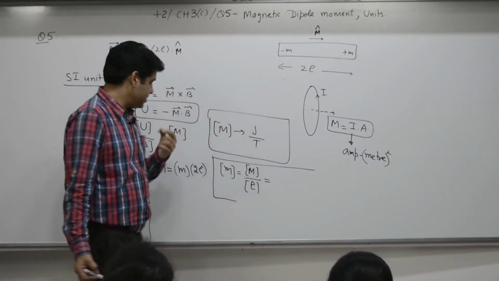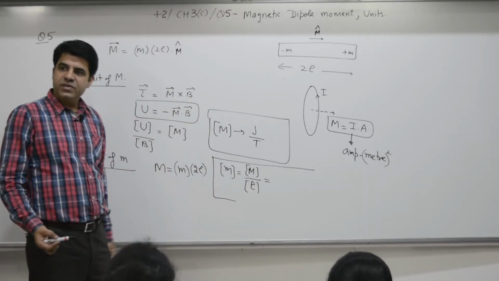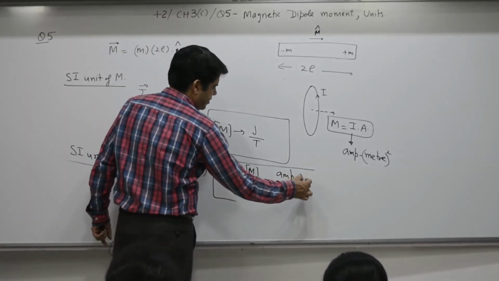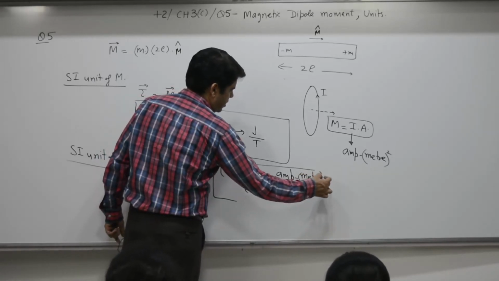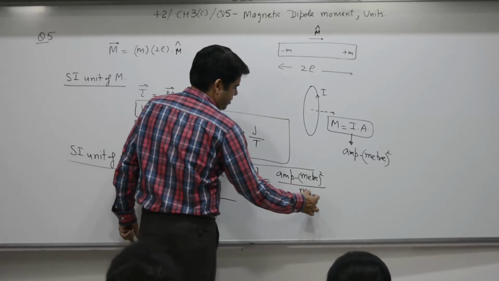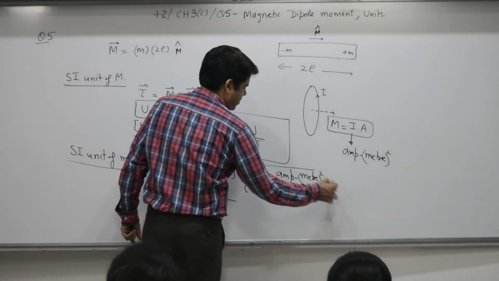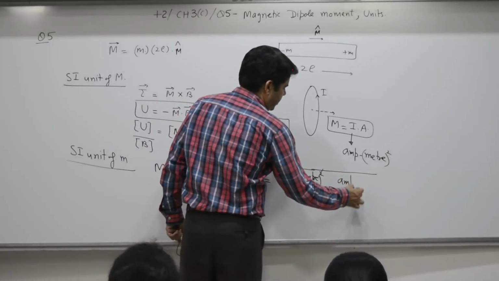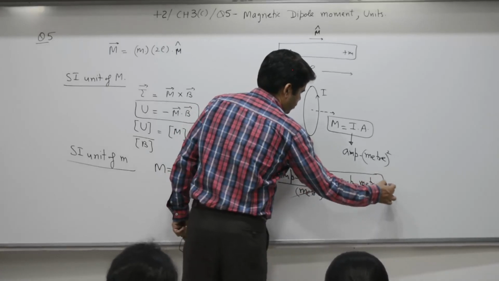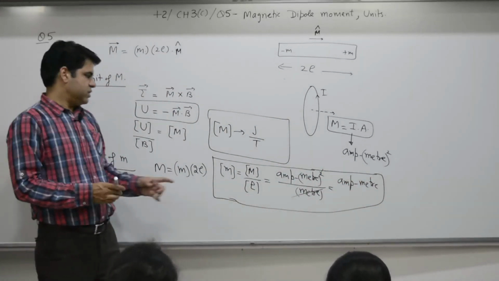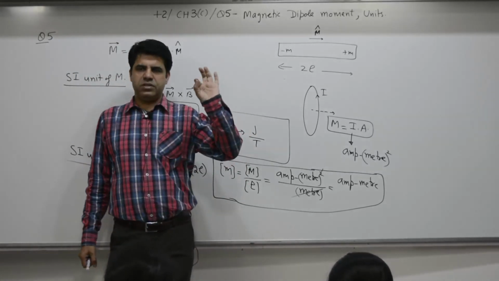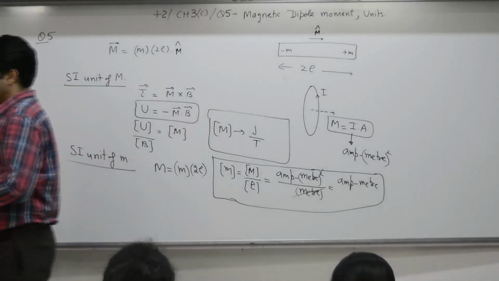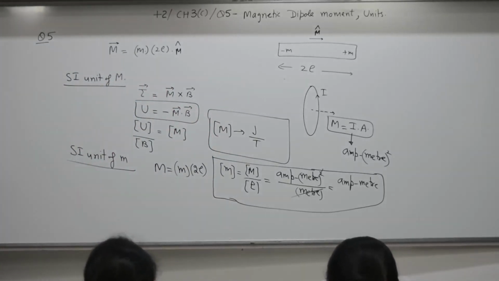If you write M, then there is some confusion with small m. Ampere into meter square divided by length, which is meter. This meter cancels. What you get is ampere meter. So, what is the SI unit of small m? Pole strength. Objective question. SI unit of pole strength is ampere meter. Time with you is 3 minutes to write.